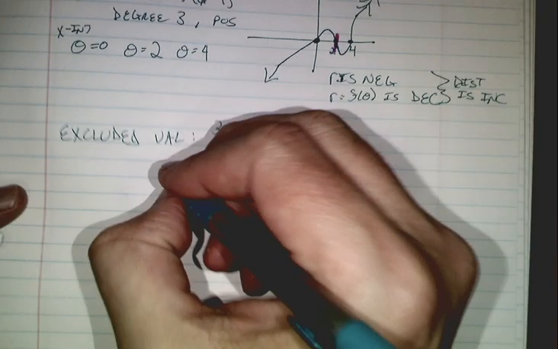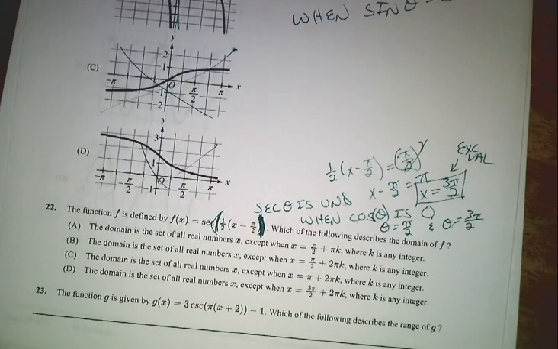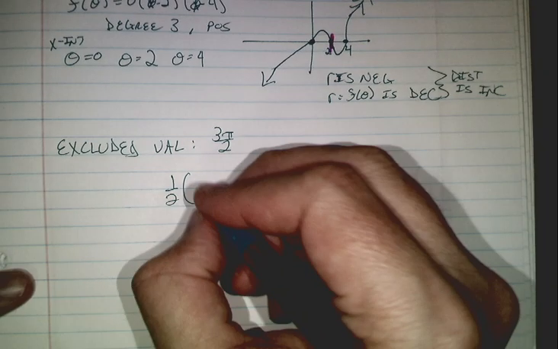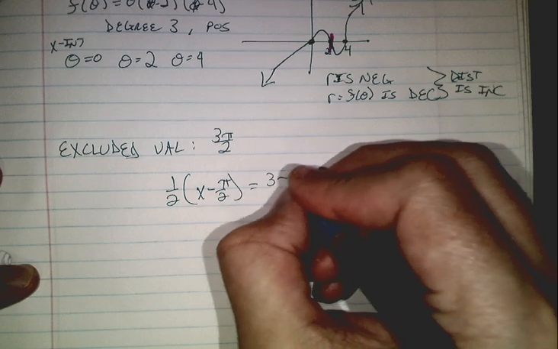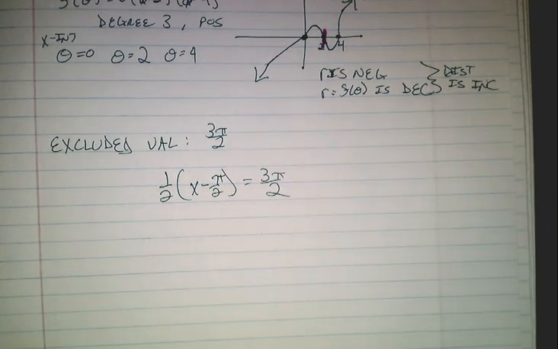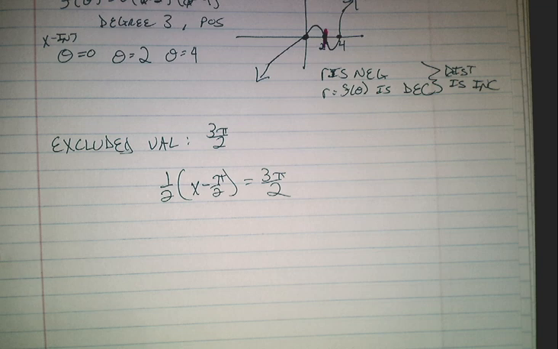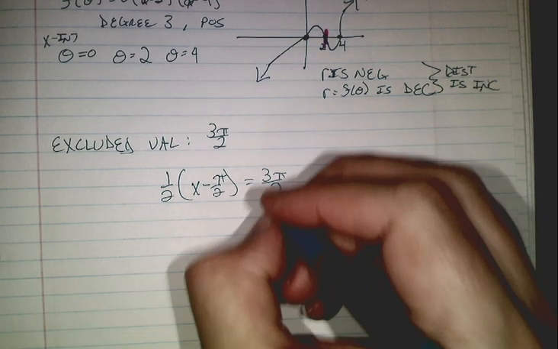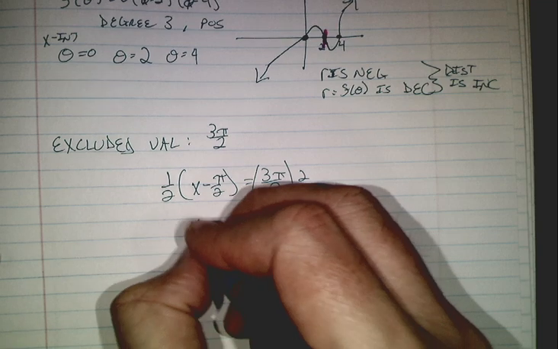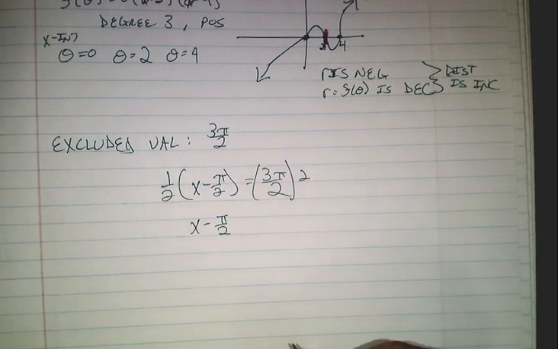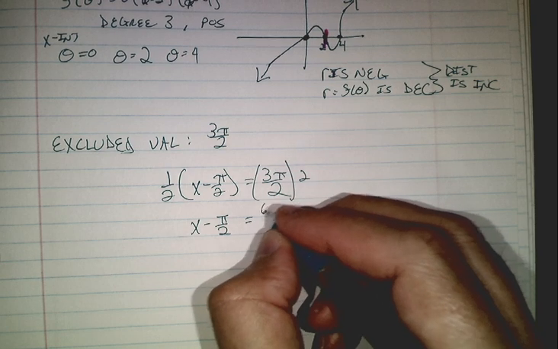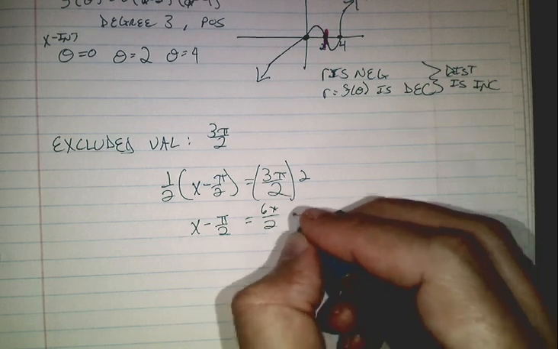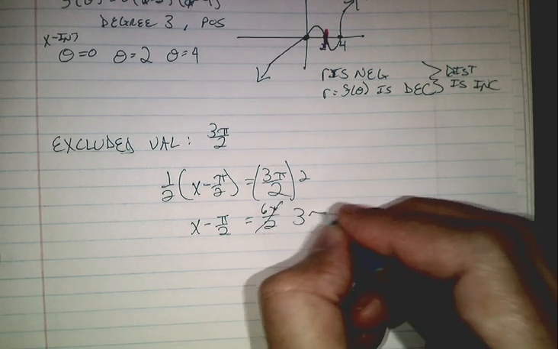So 1/2 times x minus pi over 2 is equal to 3 pi over 2. When this happens, I multiply both sides by 2, and I get x minus pi over 2 is equal to 6 pi over 2, which is just 3 pi.